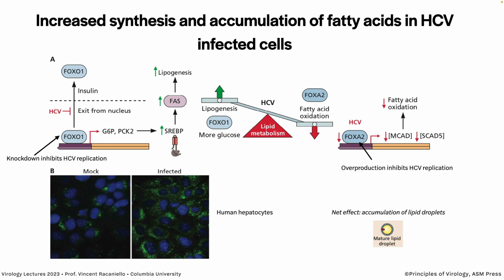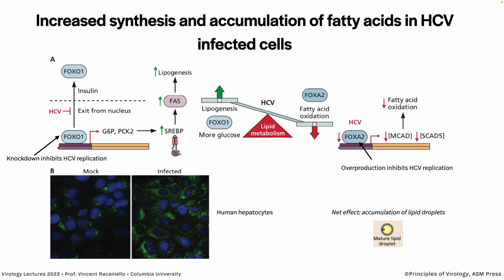And essentially, there are genes in the nucleus that are driven by a promoter that turns up that SREBP protein, which in turn will drive lipogenesis. And so this particular transcription factor, FOXO1, is needed to drive the synthesis of proteins that lead to increased amounts of lipid synthesis.